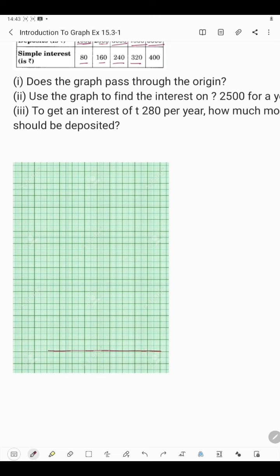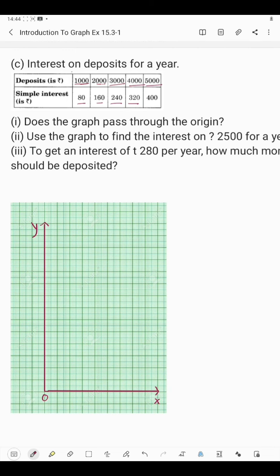This is the x-axis and this is the y-axis, and both the axes meet at point O. Now deposited money will be considered on the horizontal axis, that means on the x-axis we will write deposit in rupees.